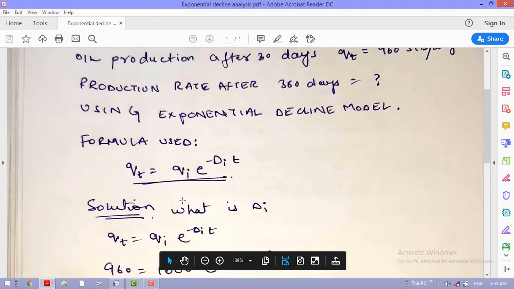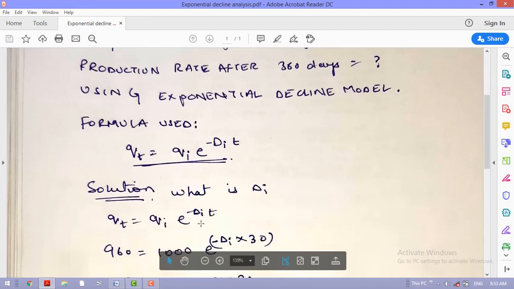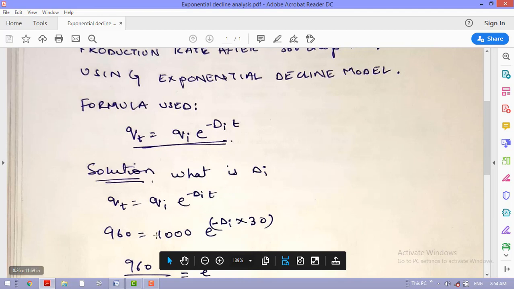Let us see what our DI value will be. As we know, the formula is QT equal to QI into exponential to the power minus DI into T. I'm substituting the values: QT is 960, the initial oil production rate is 1000, e power minus DI, which we have to find, and the time period for 960 STB per day is 30 days.